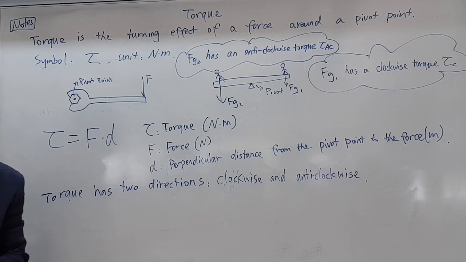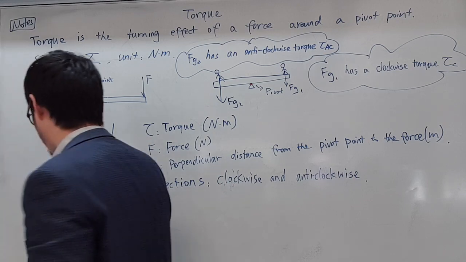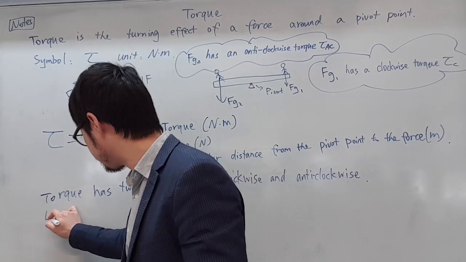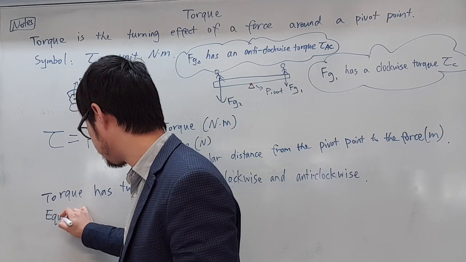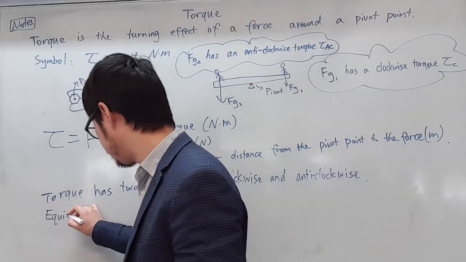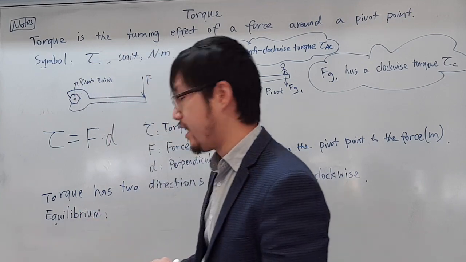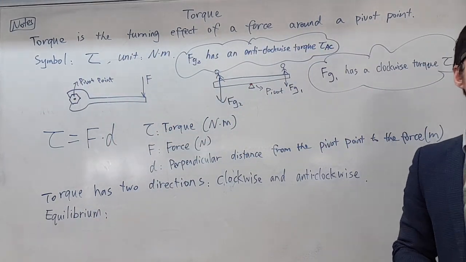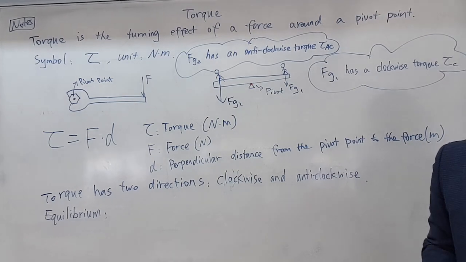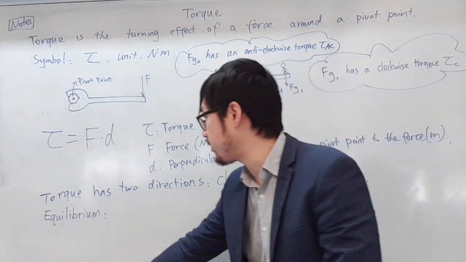All right, so now we have another important concept. It's called equilibrium. Okay, so what is equilibrium? There are two criteria for something to become equilibrium.